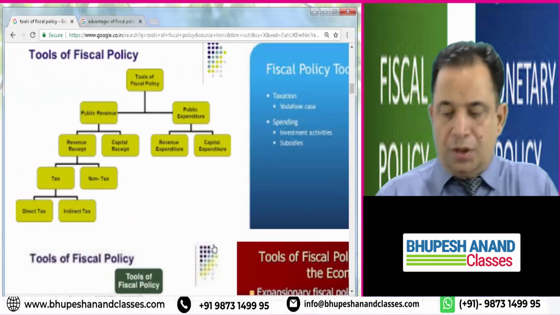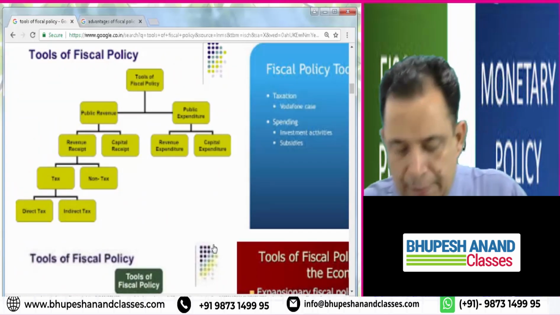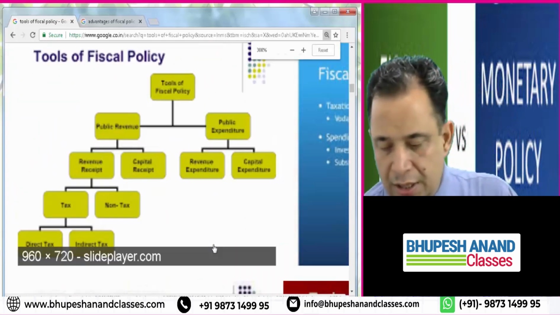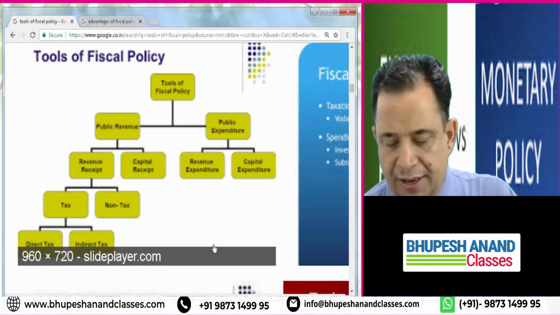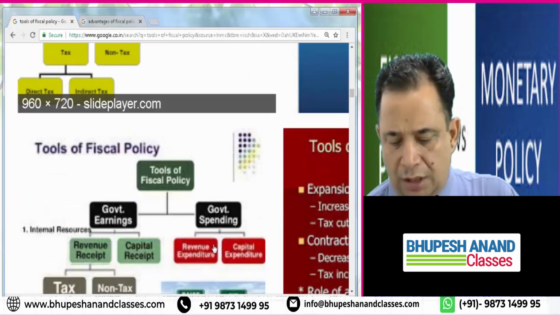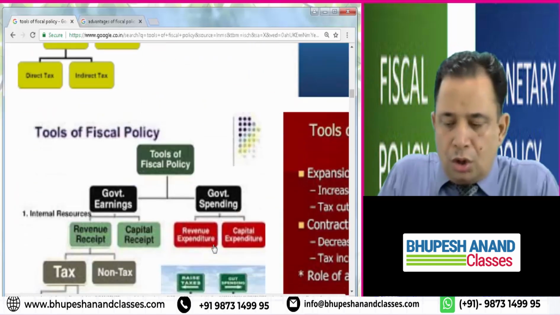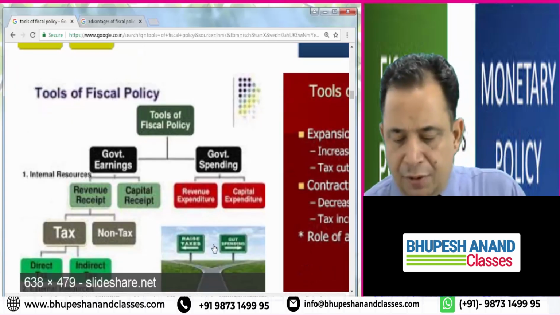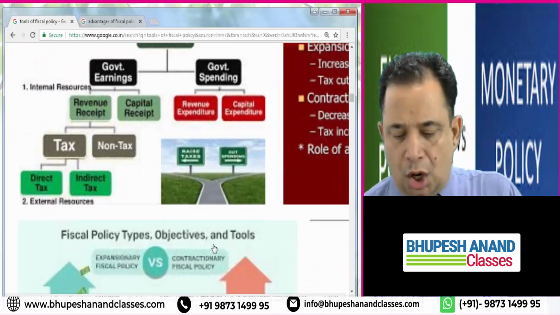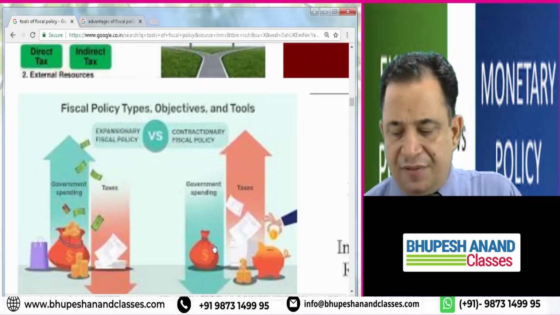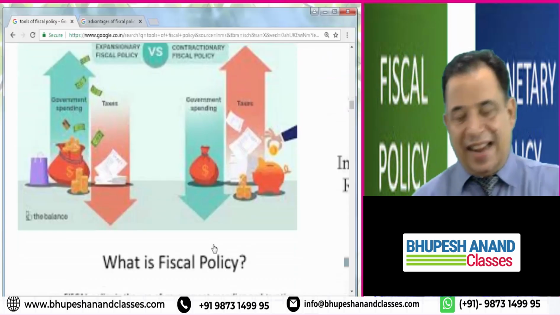Tools of fiscal policy. We are on the tools of fiscal policy. One tool is revenue and the second is expenditure. Revenue receipts, tax, non-tax, and all that we have just seen. Government earning, government spending, revenue receipts, capital receipts, tax, non-tax, direct tax, indirect tax, and we are on direct tax and indirect tax.